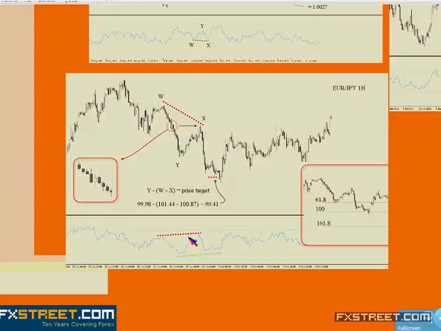This is a situation that we often see, the alternation between regular divergences and hidden divergences. And many times they form channels within the oscillator, channels which can be used to trade as well as you would do in the price structure. Okay.